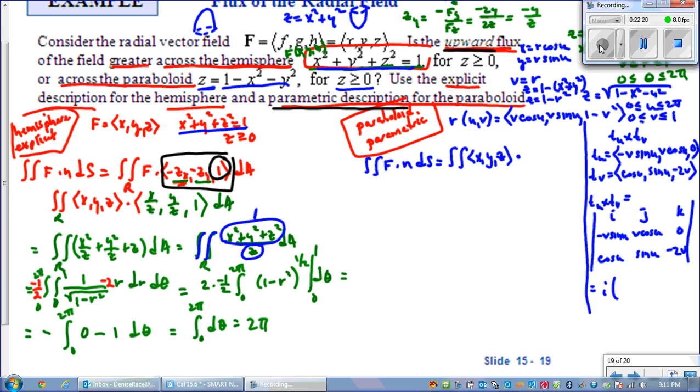The ith component will be minus 2v squared cosine of u. The jth component will be 2v squared sine of u. And the kth component will be minus v sine squared minus v cosine squared.